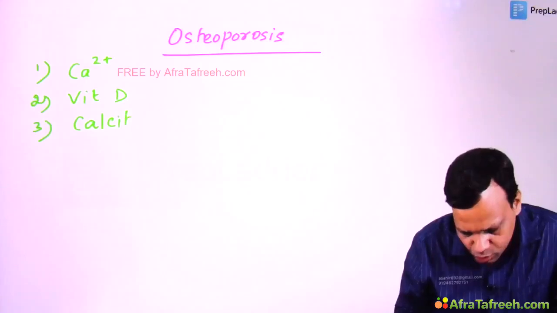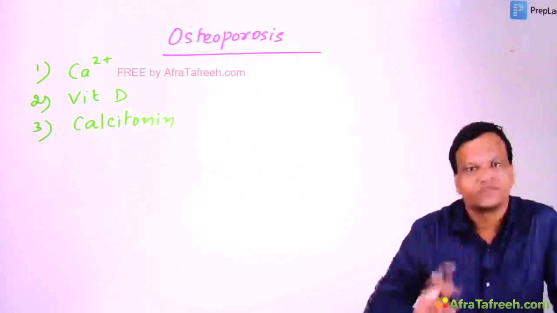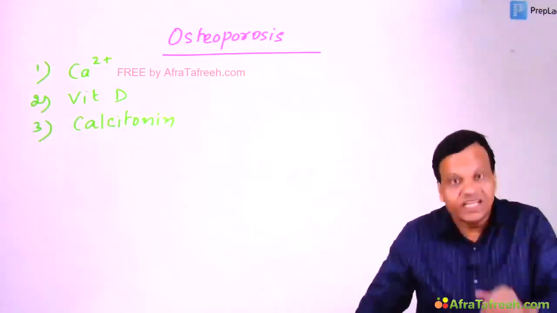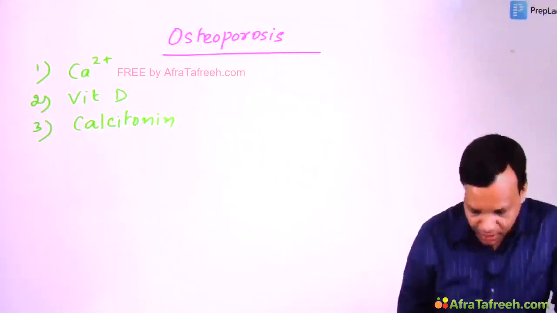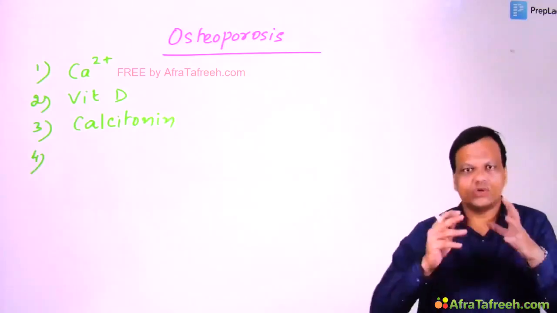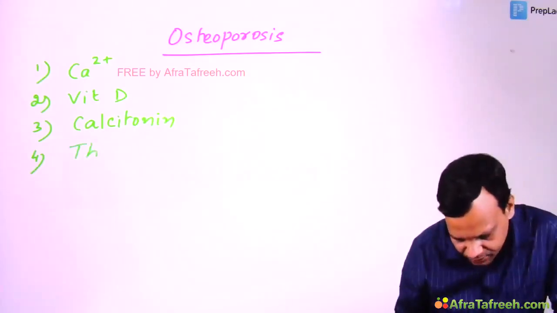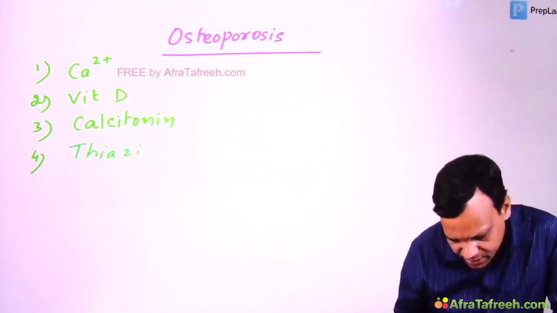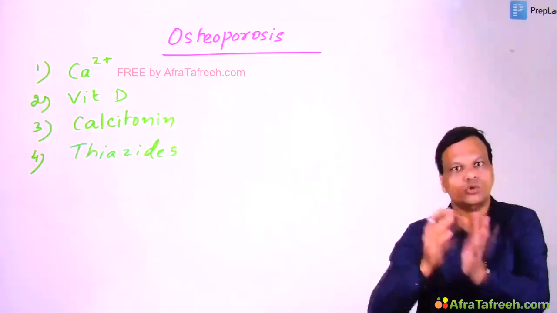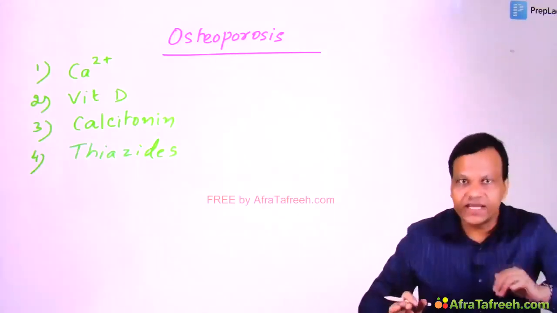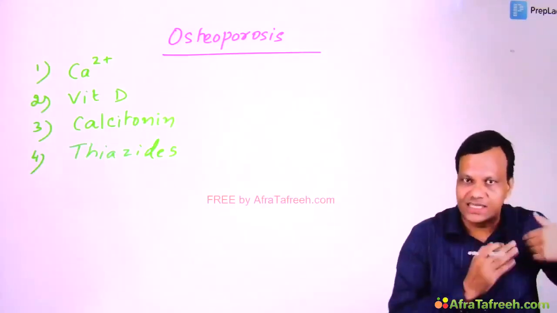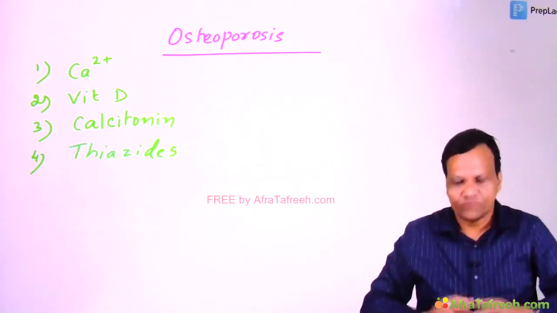These we can use in osteoporosis. Calcitonin is given by intranasal route for this purpose. Then, which diuretic can you use in osteoporosis? Yes, thiazides. Remember, loop diuretics lose calcium, thiazides retain calcium. So, when calcium chronically increases, we can treat osteoporosis.